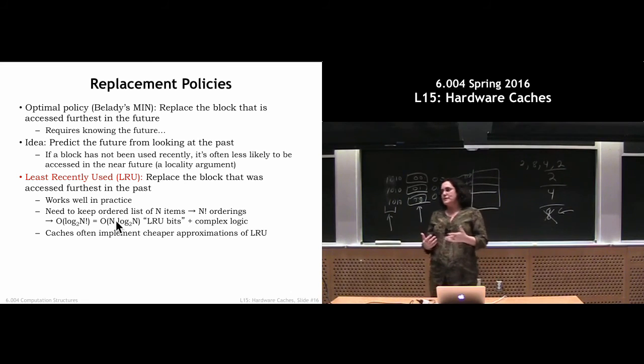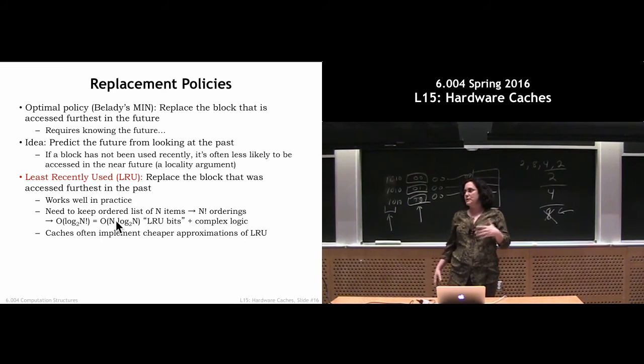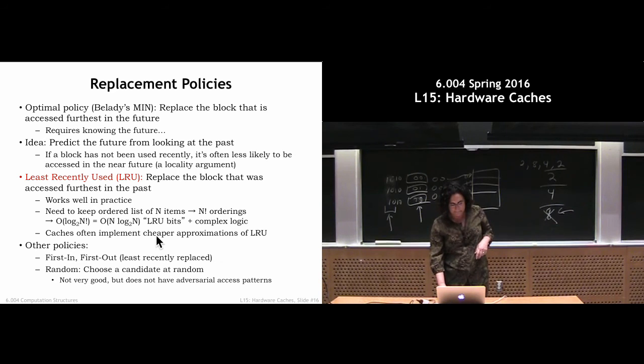And so it turns out that that's actually quite expensive. So often what's done is an approximation to least recently used. It's something that comes very close to it, but with potentially not quite as expensive hardware as actual least recently used would require.